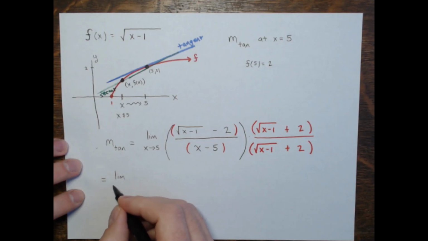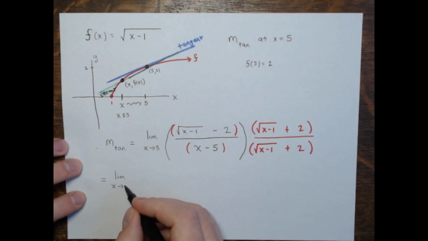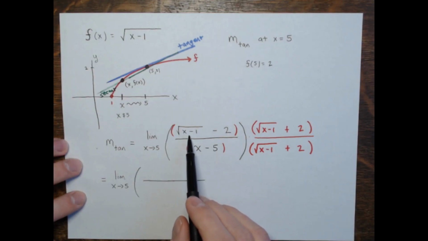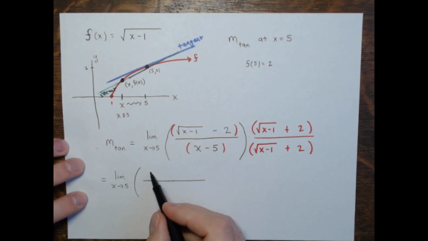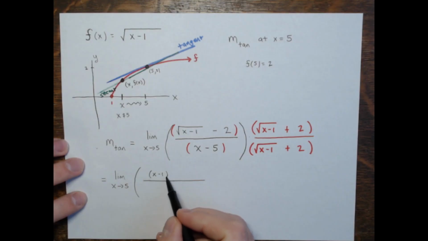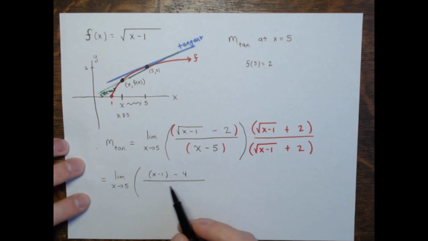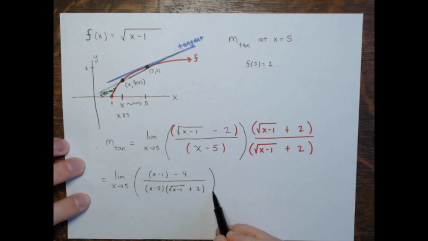So this is the limit as x approaches 5 of, and then in the numerator, I'd have the square root of x minus 1 squared, which is just x minus 1, then minus 2 squared, so minus 4. And then in the denominator, I've got this factor of x minus 5 still, multiplied by that conjugate, right? This square root of x minus 1 plus 2. Now look, I'm not going to save a step here.